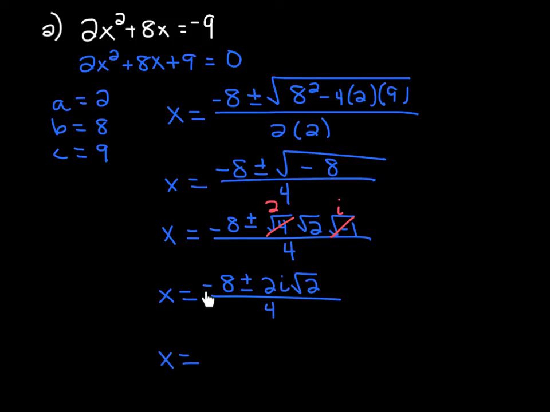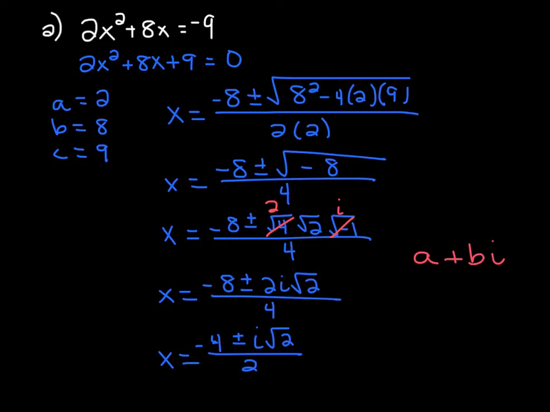So -8 divided by 2 would be -4. I'm going to bring down my plus and minus. Positive 2 divided by 2 is 1, so 1i, which I'm just going to write as i. And bring down the radical 2. And then 4 divided by 2 is just 2. All right, so again, let's take this and let's write it in A plus Bi form.